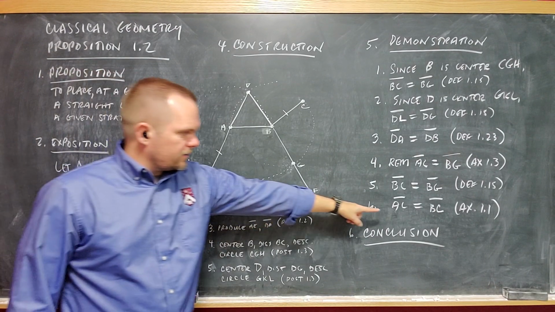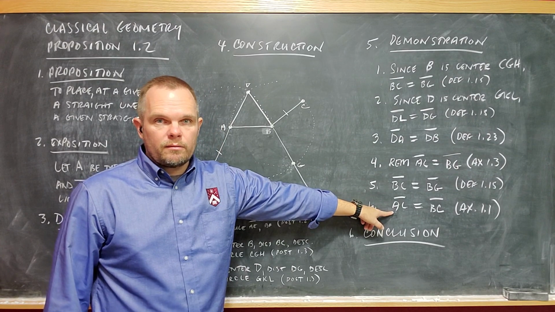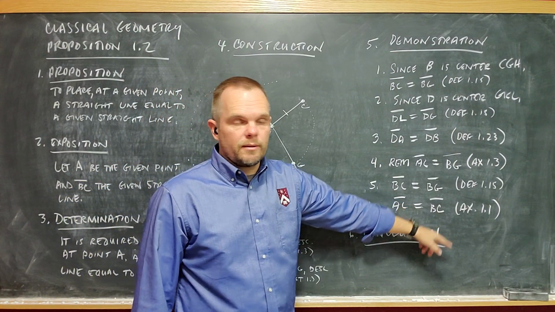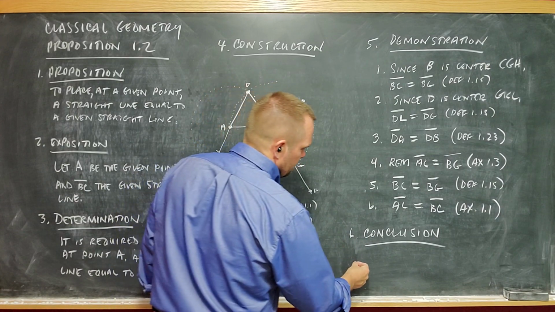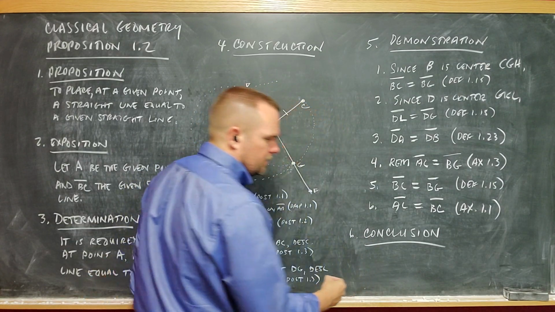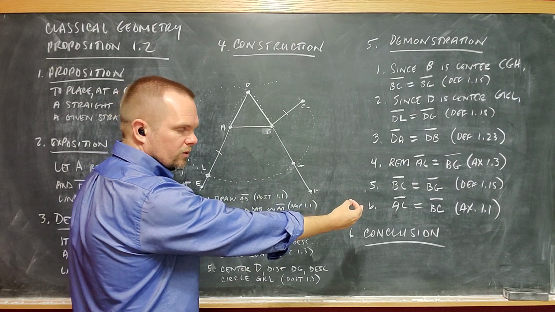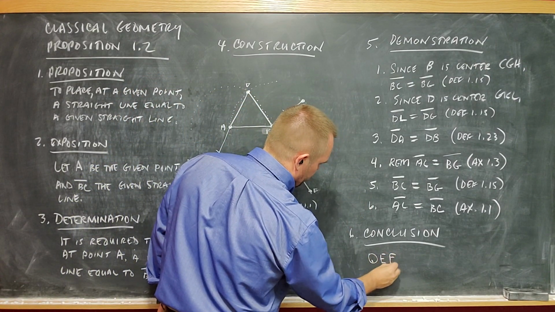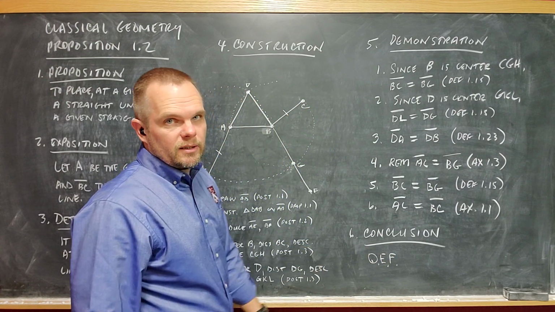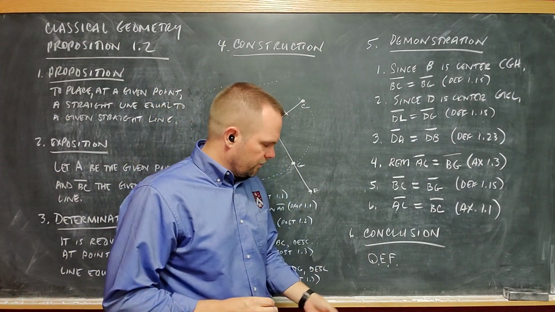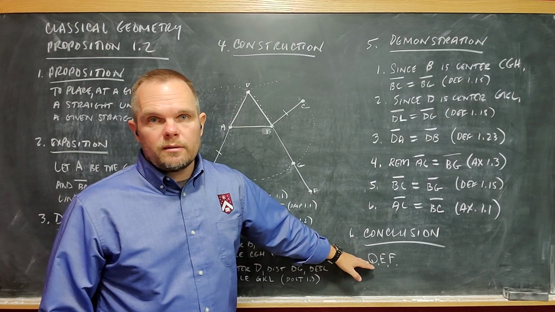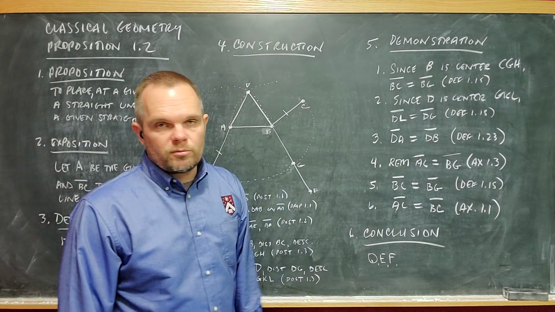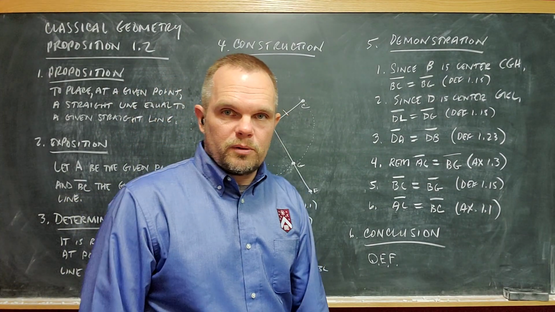We have placed the straight line AL at point A, and it's equal to BC. And we end our conclusion by restating that determination, clarifying that we've done what's required of us, and we conclude QEF, quod erat facendum, which means which was to be done. The detail of the conclusion is written in your printed lesson, but I'm just writing QEF to show that we've completed this proposition.